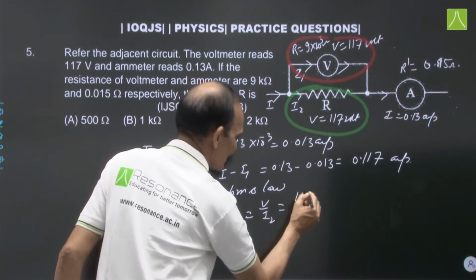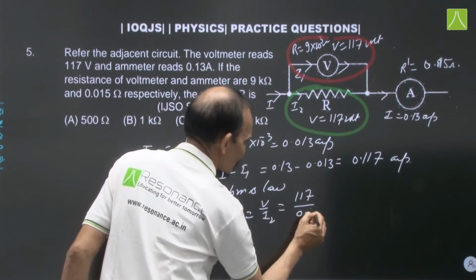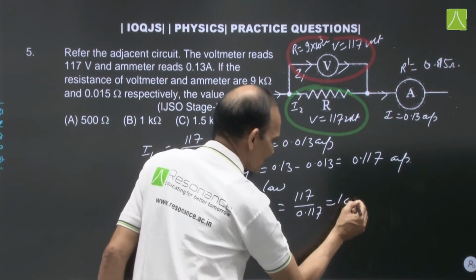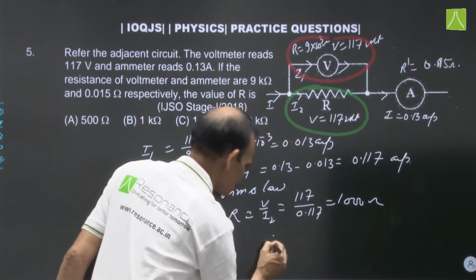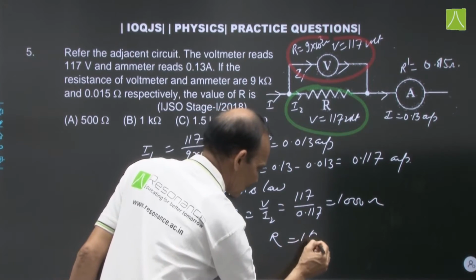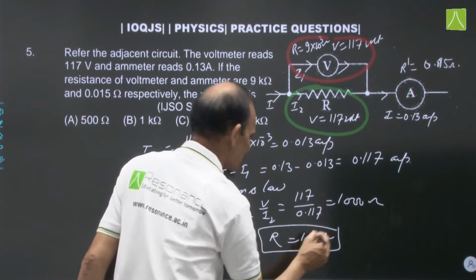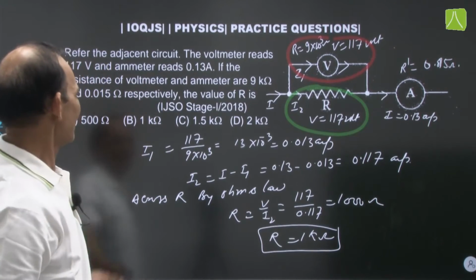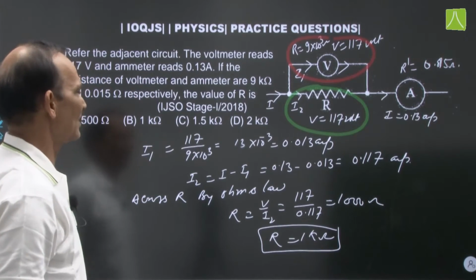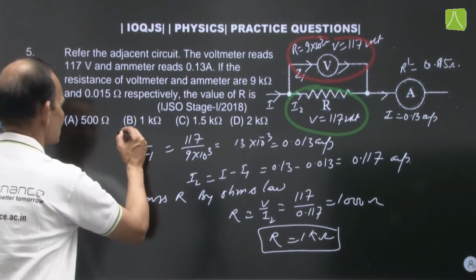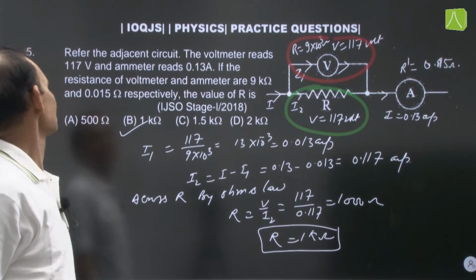V is 117 divided by 0.117, that is equal to 1000 ohm, which means R is equal to 1 kilo ohm. It is the resistance. This question was from the year 2018. So the correct option is B.